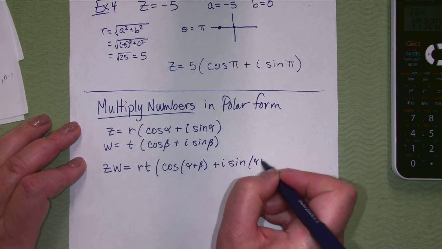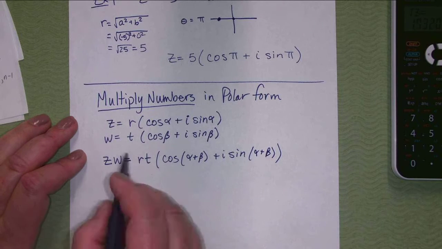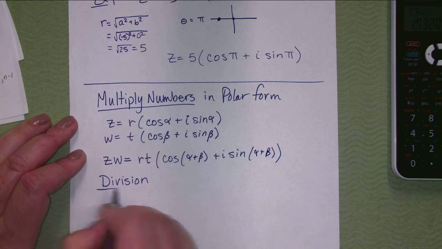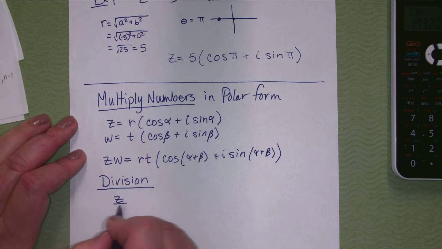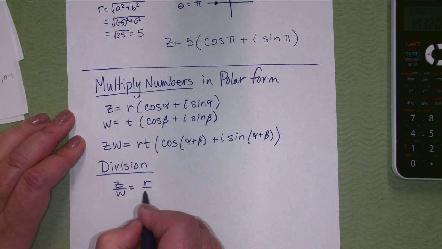So that's multiplication. And then division, you subtract. So if we wanted Z divided by W, we would do R divided by T, and then subtract.